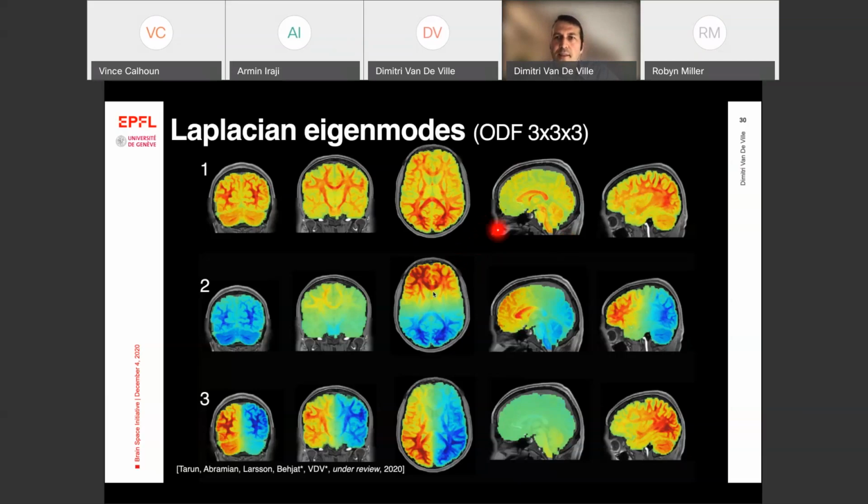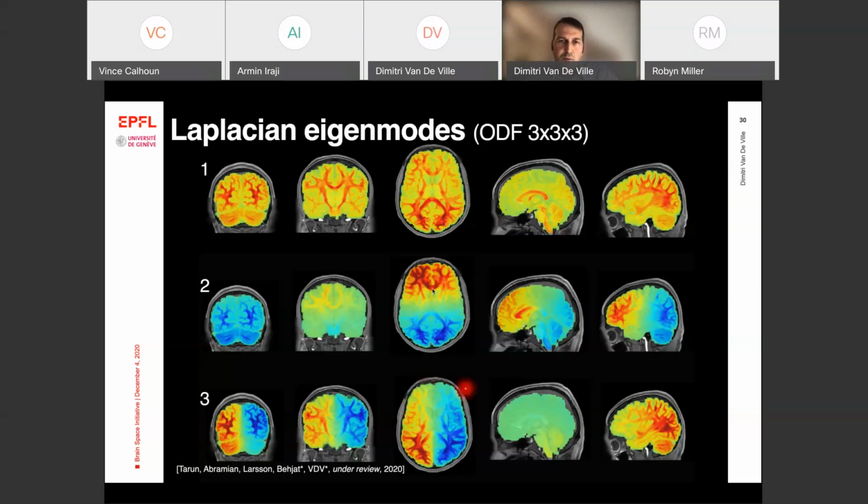And you see that we get a very nice general DC component, which now runs through the white matter. And then the first smallest non-zero eigenvector shows again a more geometrical pattern, this time showing first the anterior versus posterior contrast before going to the left versus right hemispherical contrast.